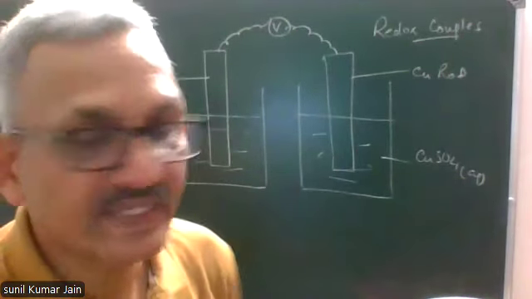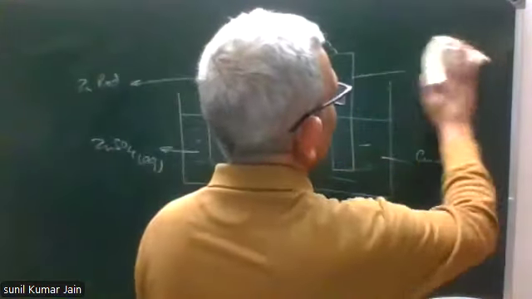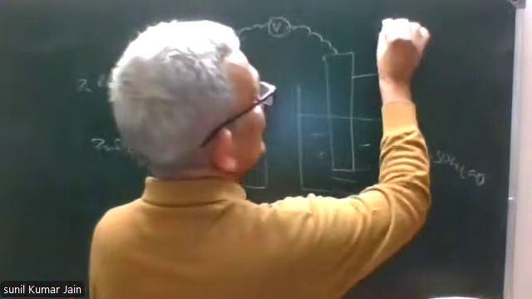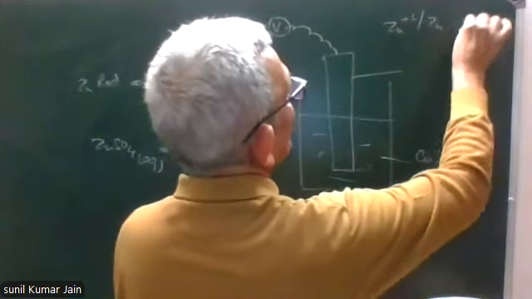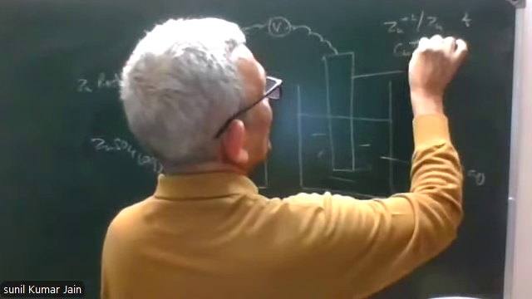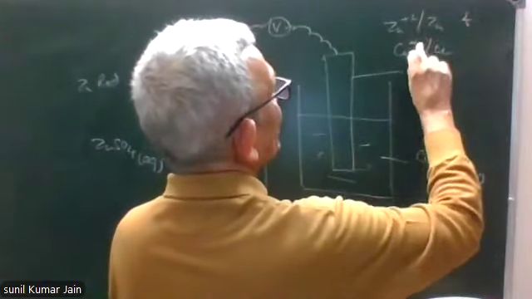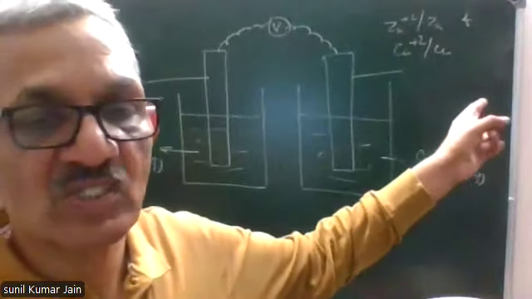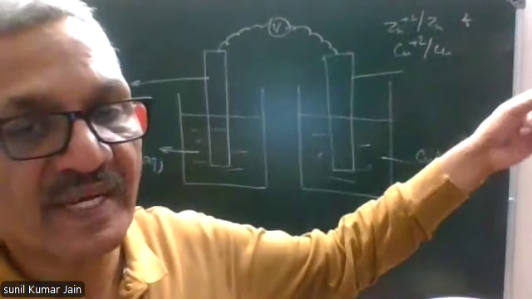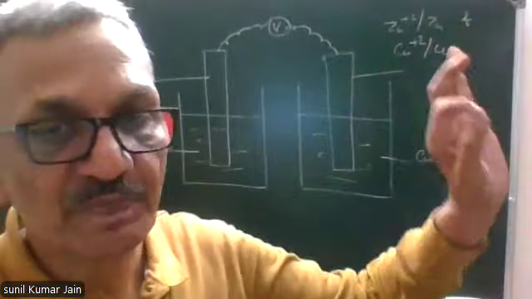They are represented as Zn2+/Zn and Cu2+/Cu, respectively.